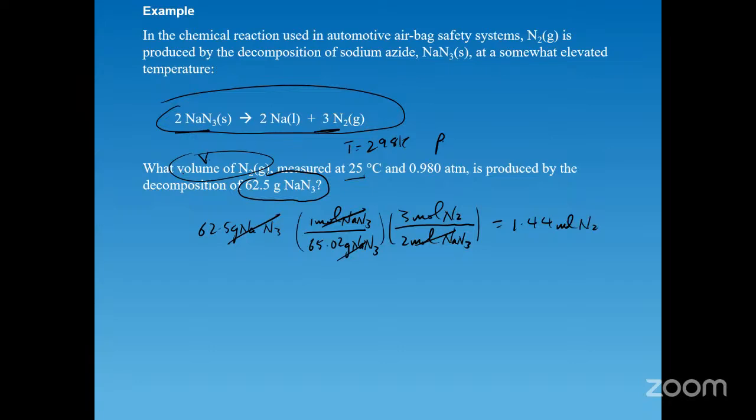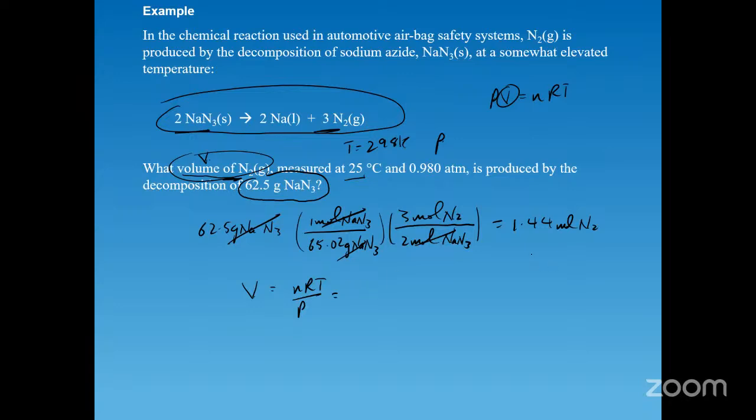But the question is asking for the volume of nitrogen, all right? So what I would do is use the ideal gas equation, remember, PV is equal to nRT. What I'm trying to find is the V. So therefore the V would be equal to nRT over P as a result of the rearrangement of that equation. And I'll plug in the numbers.